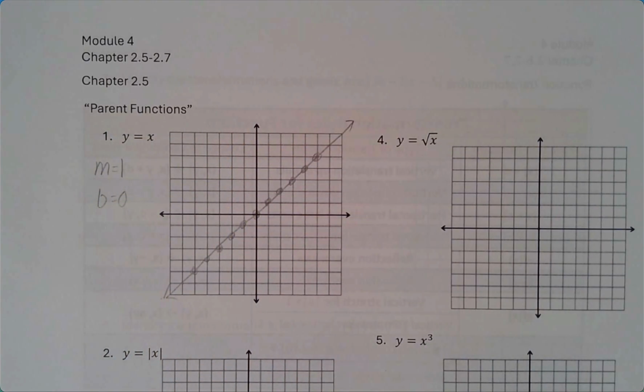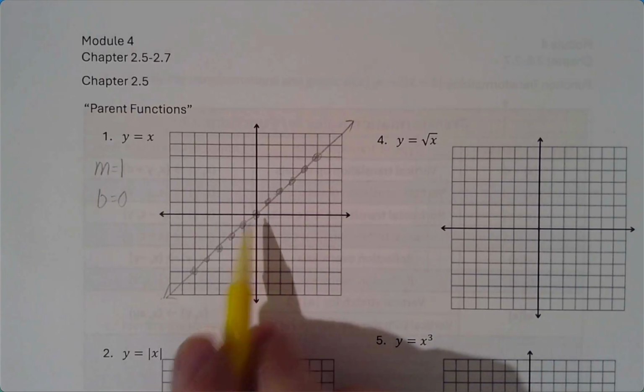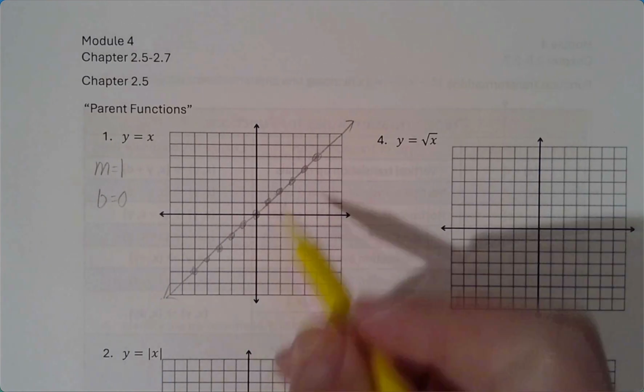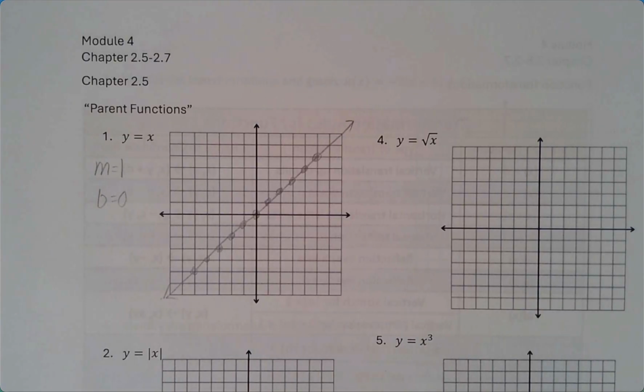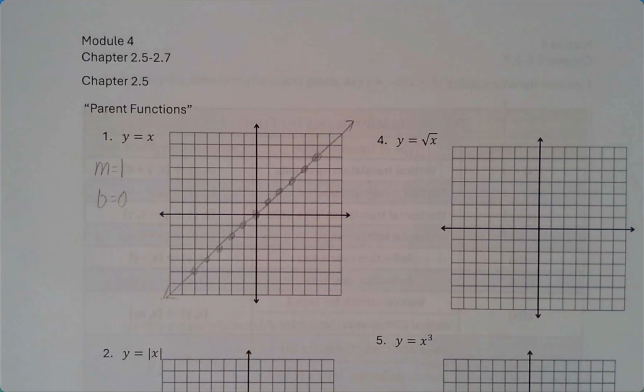So that shouldn't be surprising that that's the line I graphed, because there's my y-intercept at 0, and then there's my perfect slope of 1 over 1, up 1, right 1, or down 1, left 1, like we talked about in the last section. So there's y equals x. It's just a line, but in other words, this is the most simple line you could graph. A perfect diagonal positive slope and a y-intercept at 0.